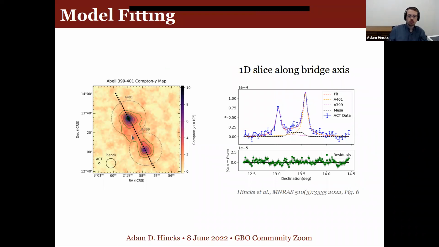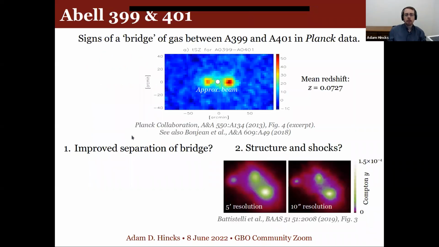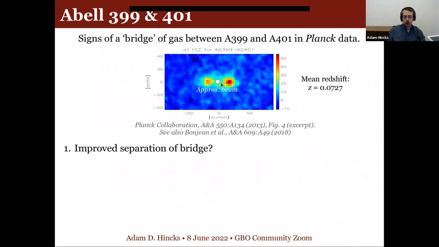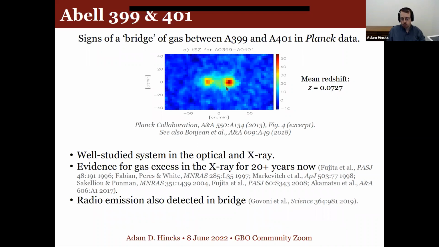There's another question. Did the Planck observation see the lower energy deficit along the bridge region? By that, like the SZ deficit? I presume so, yes. I think so. Here's the Planck map. They did an analysis, and they also found an excess in the middle. The lingering question was, given the low resolution, if you only have one beam on that, how solid is that detection of the excess?